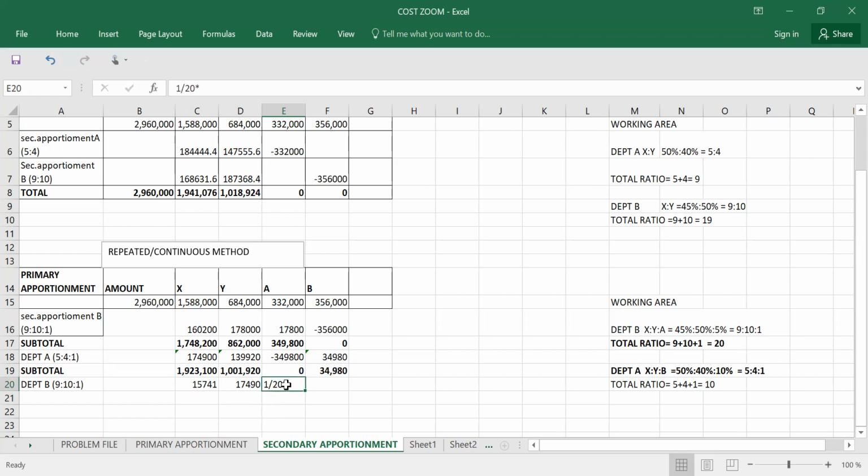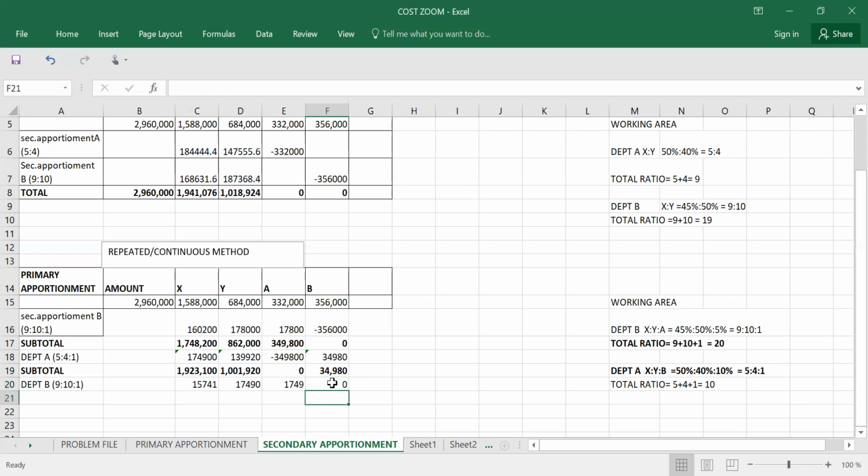See, like I told you, I'm distracted. 1 divided by 20 times this. And of course, it distributes nothing to itself.